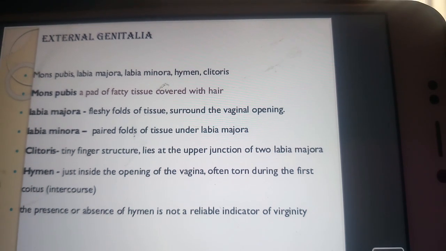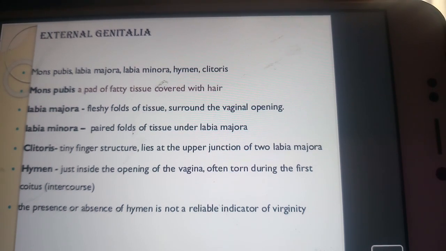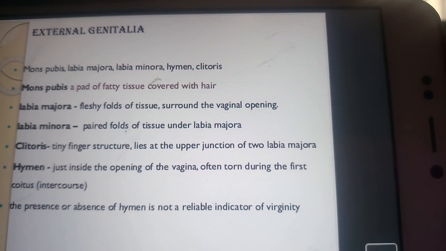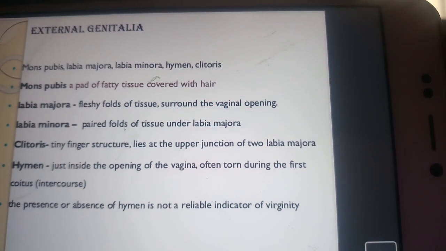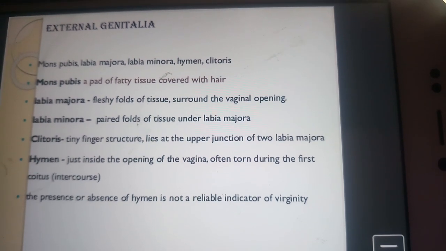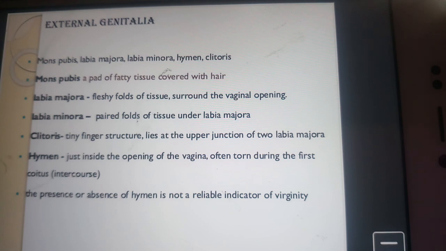The external genitalia. In the female, the external genitalia includes mons pubis, labia majora, labia minora, hymen and clitoris. These are the five main external genitalia of the females.